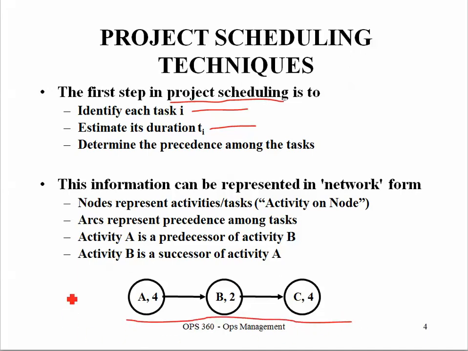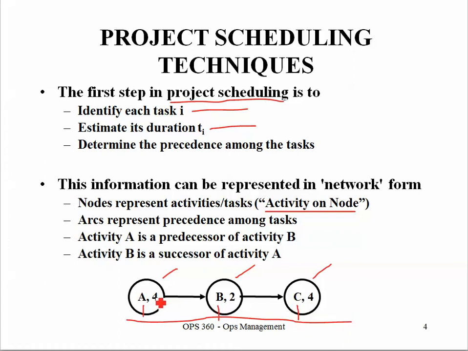The representation of the project tasks that I'm using here is referred to in the text as activity on node. So each of these nodes, that's these little circles here, represents an activity or a task that has to be done in order to complete the project. So I've got task A, task B, and task C.